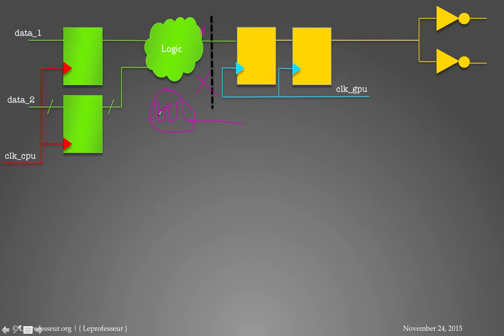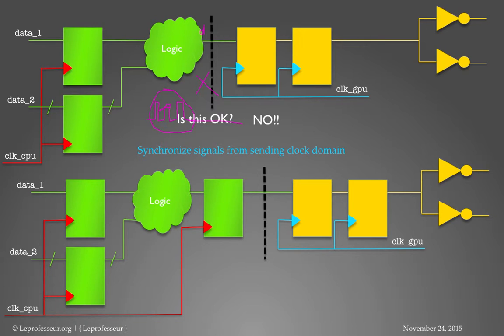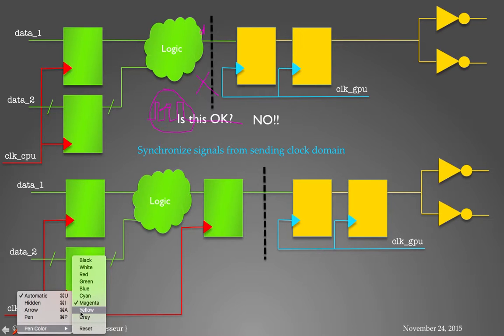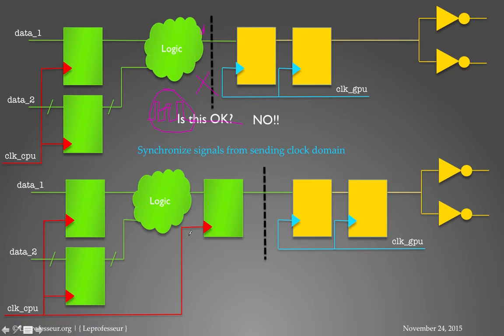So the best idea is to register the signal in the sending clock domain and synchronize it in the receiving clock domain. First register the D signal with respect to the sending clock domain, and then synchronize it.